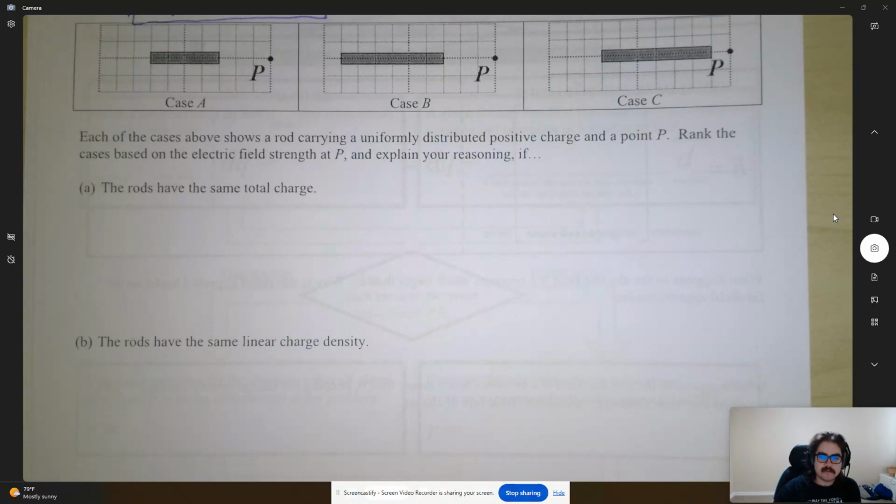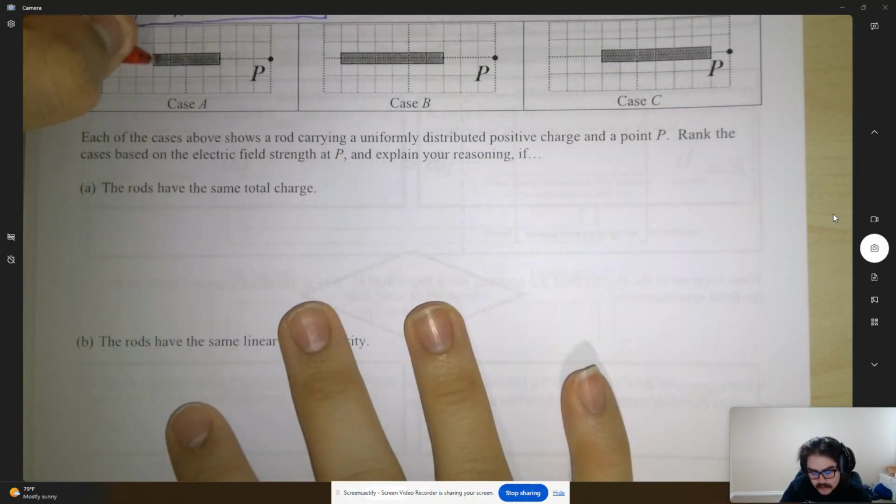Now here's the thing. Notice that in case A, you have this much length of rod.